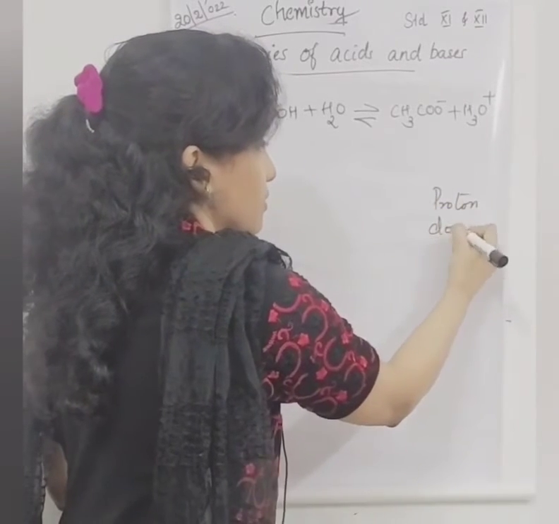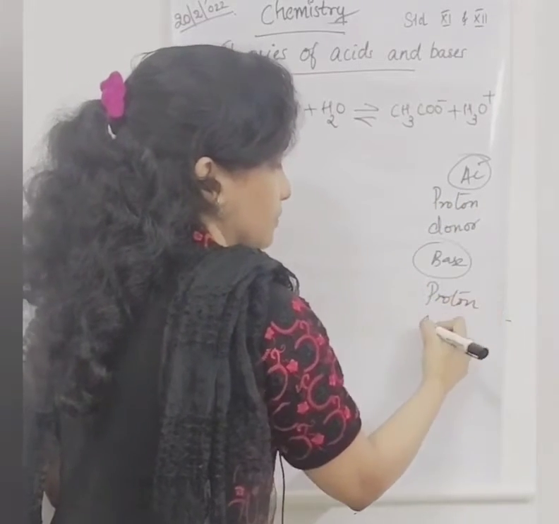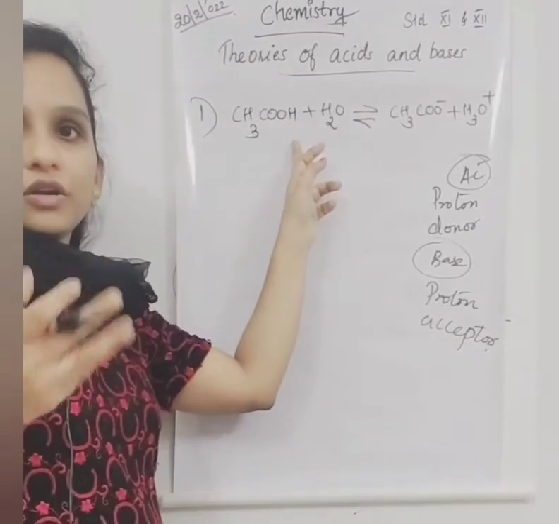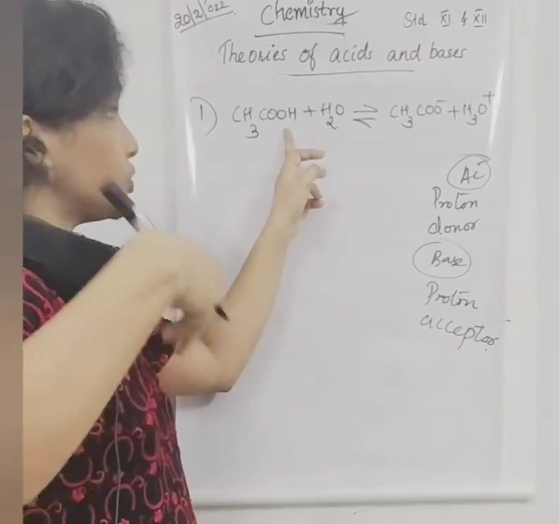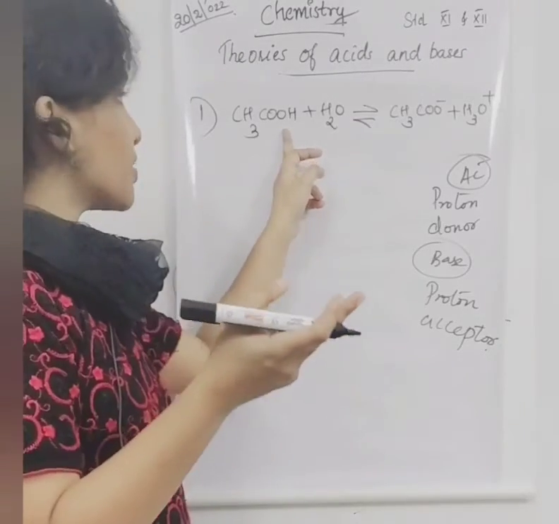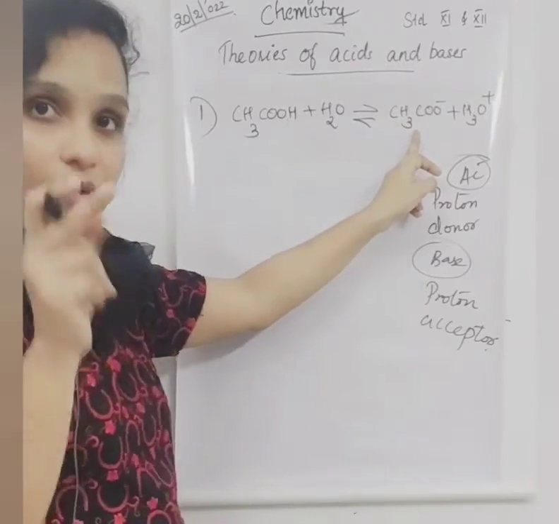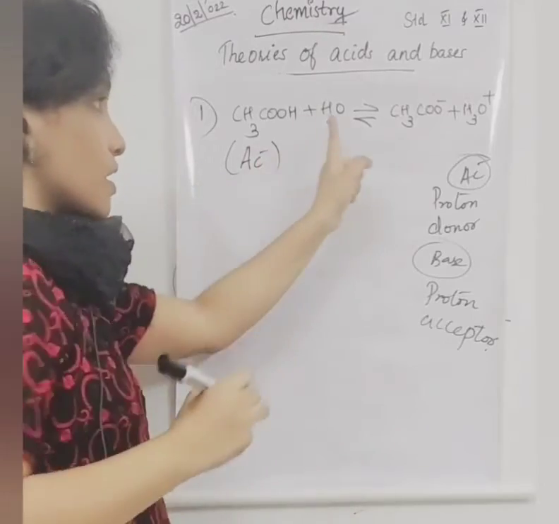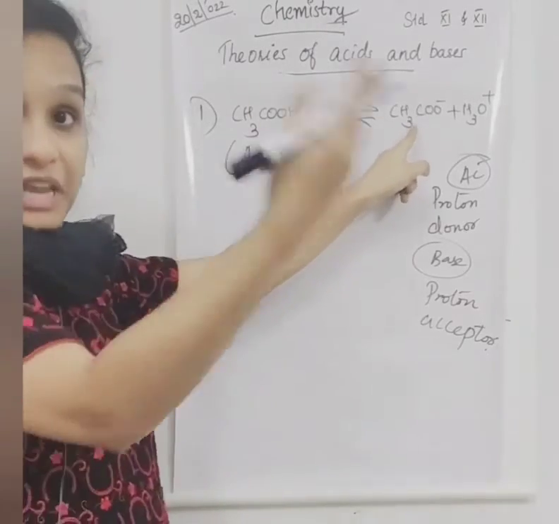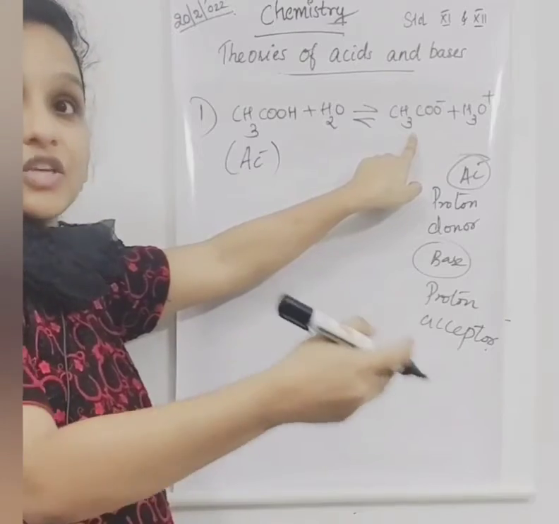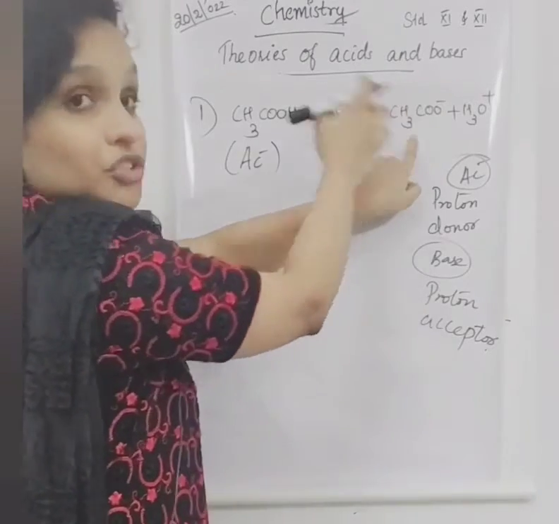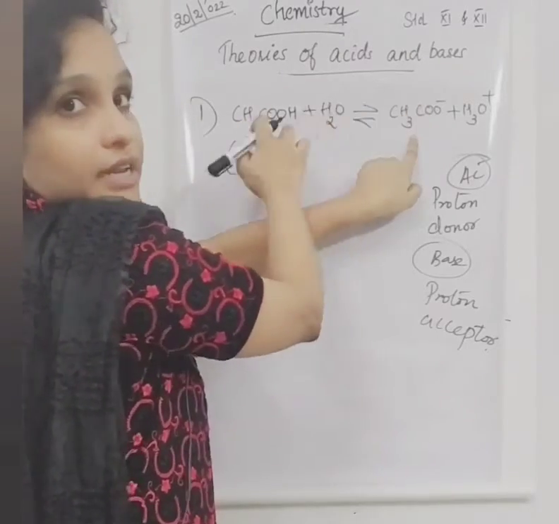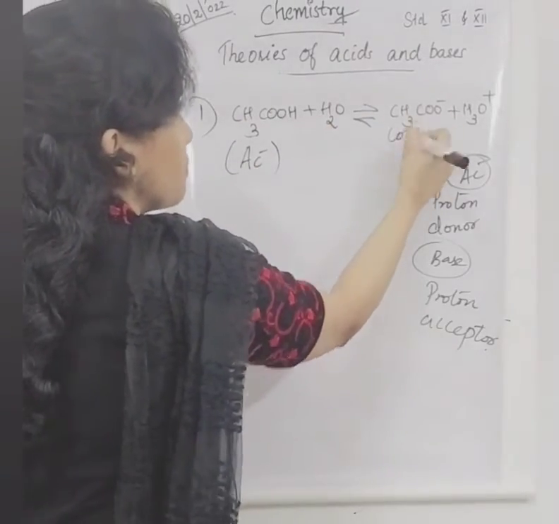Here CH3COOH is donating its proton, so it becomes CH3COO minus. Since it donates a proton, it is an acid. After the H plus is donated, CH3COO minus is the conjugate base, since they differ by one hydrogen atom.